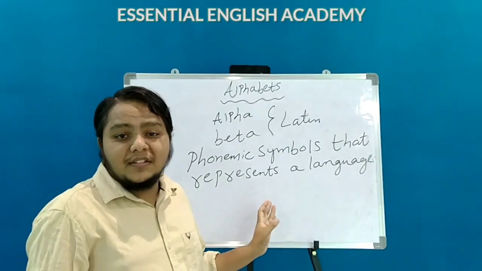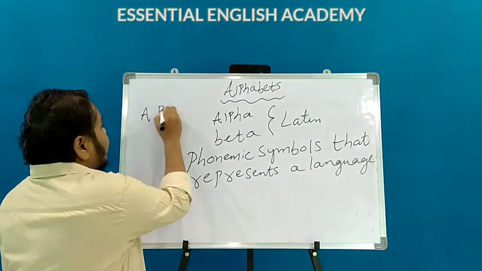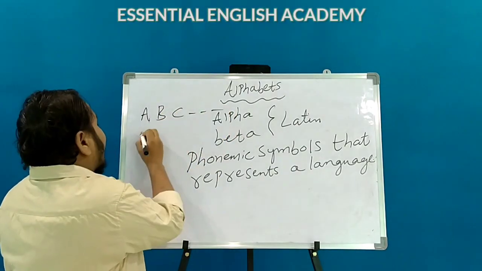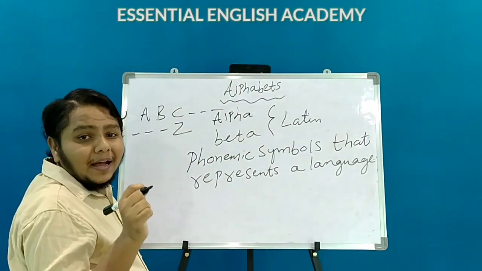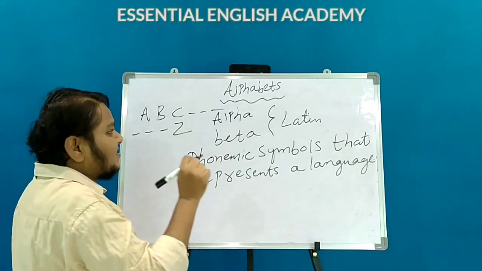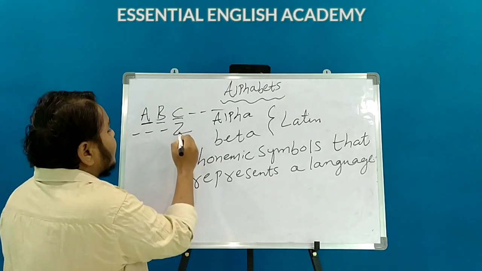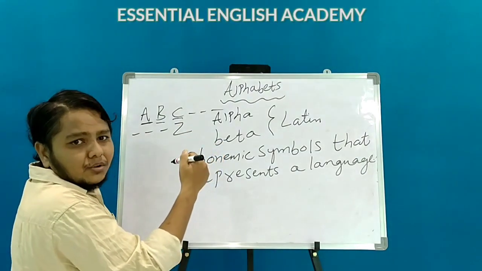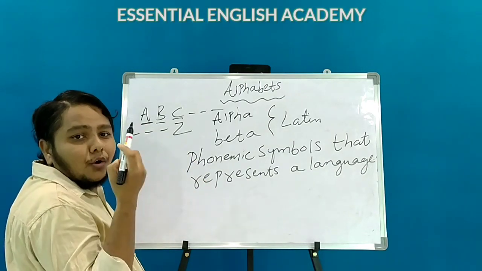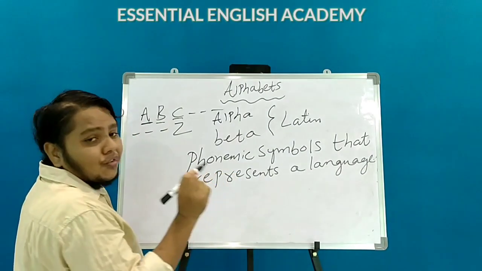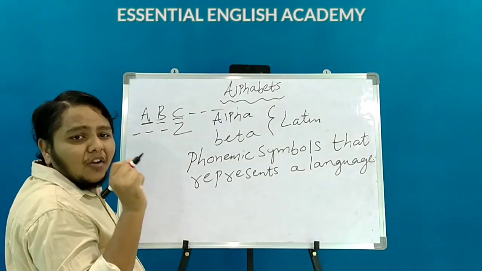Let us take a few examples of alphabets, like A, B, C, and so on till Z. All these are phonemic symbols. As you know, there are 26 letters in the English language, and all these 26 letters are called phonemic symbols, or alphabets.